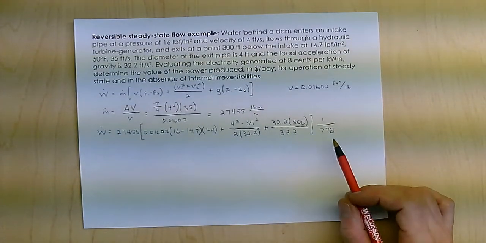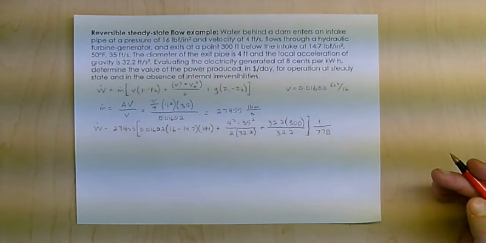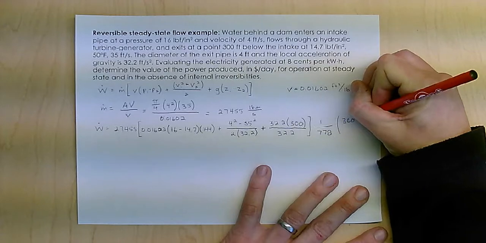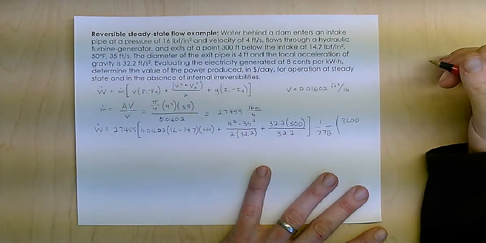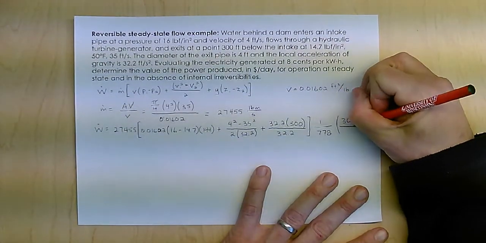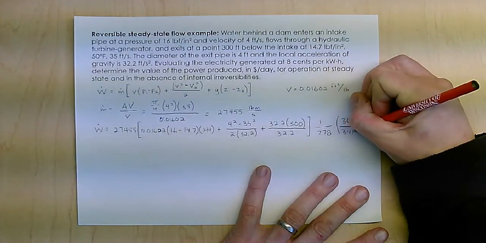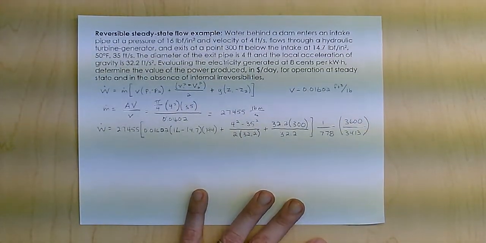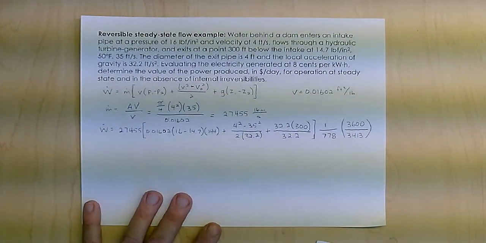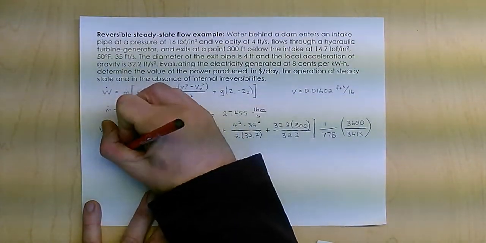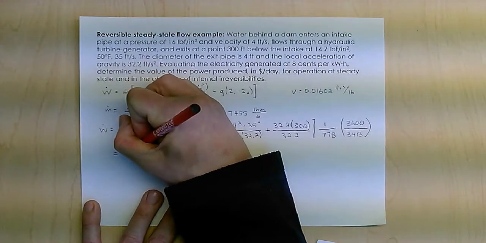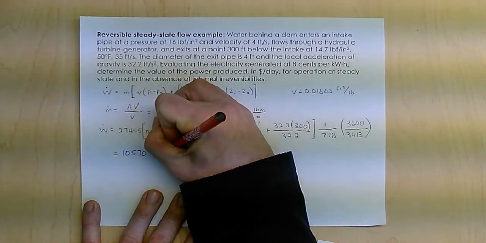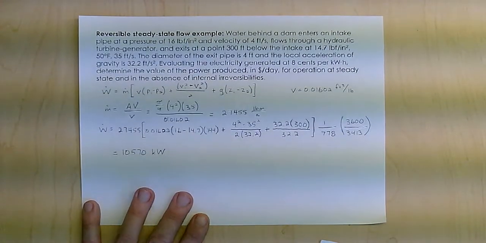Because right now this is in BTUs per second. I take it times 3,600 seconds, because that's how many seconds are in an hour, and I divide it by the conversion factor to go from BTUs per hour to kilowatts, and I get a work of 10,570 kilowatts.